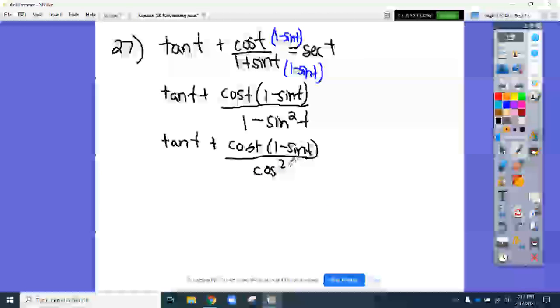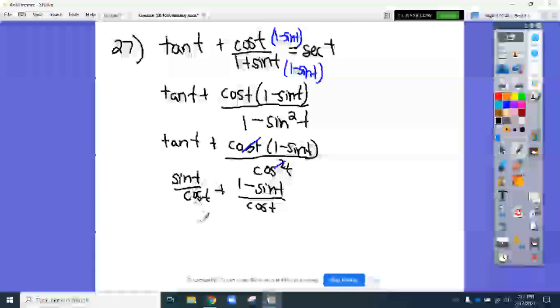So what does that mean? That means now that this cosine can cancel with one of the ones in the denominator, right? I would say it feels about time to change tangent. I could have done it from the first step, but hey, saved a little writing. Tangent is sine over cosine. Plus, now I have 1 minus sine over just a cosine.